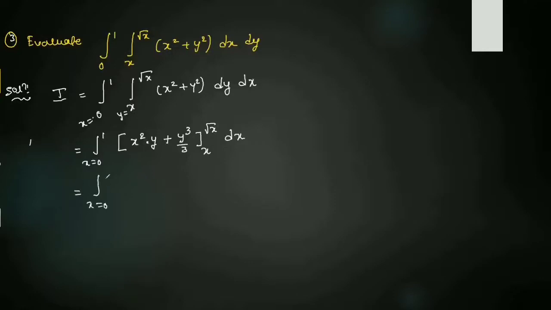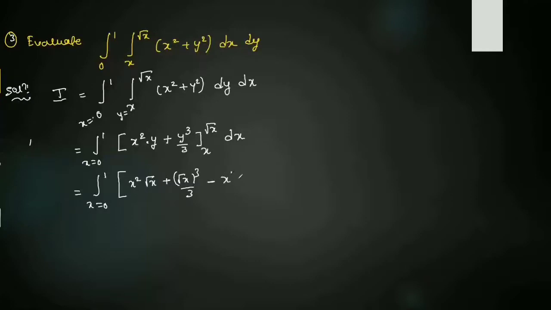Integration of x from 0 to 1. I'll write in the bracket x square in place of this root x, plus in place of this root x, root x whole cube by 3. So here I have substituted root x, here also I have substituted root x, minus, now in both the terms I need to substitute x.